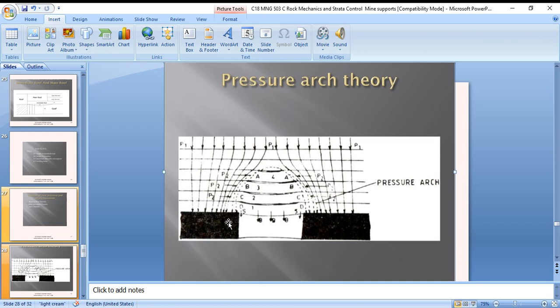These two pressures cause new induced stresses to develop along the arcs AABB, CC, and the bed separation tends to immediately come downwards. Sometimes bulging is going on, creeping is going on, and heaving is also going on. So this is the experimental pressure arch. The stresses are moving to the front like this, and this is called the pressure arch.